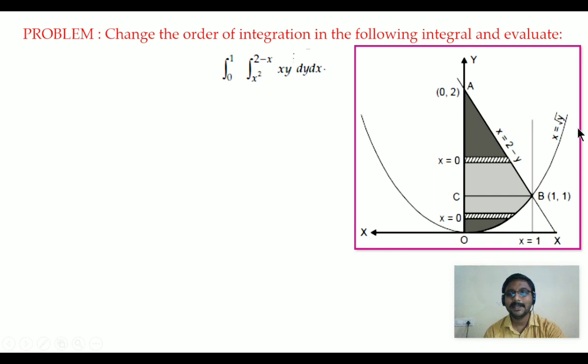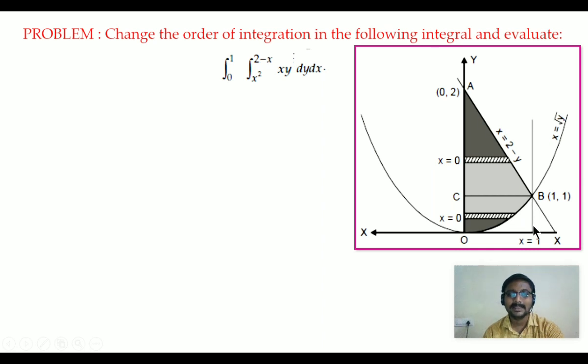So it is the rough sketch of the region. And x equal to 0 means the y-axis. X equal to 1 is a line parallel to the y-axis and passing through the point 1, 0 with the x-axis, and the intersection of the parabola and the line is the point 1, 1.